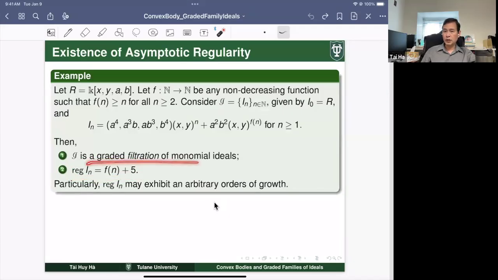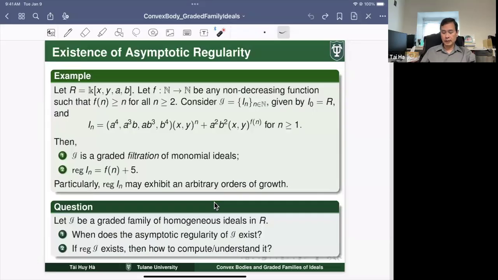So this is a graded filtration of monomial ideals, and the regularity can be computed to be f(n) plus 5. So based on the choice of f(n), this regularity can have arbitrary growth as well. So when you take this regularity divided by n and take limits, in general, that limit will not exist.